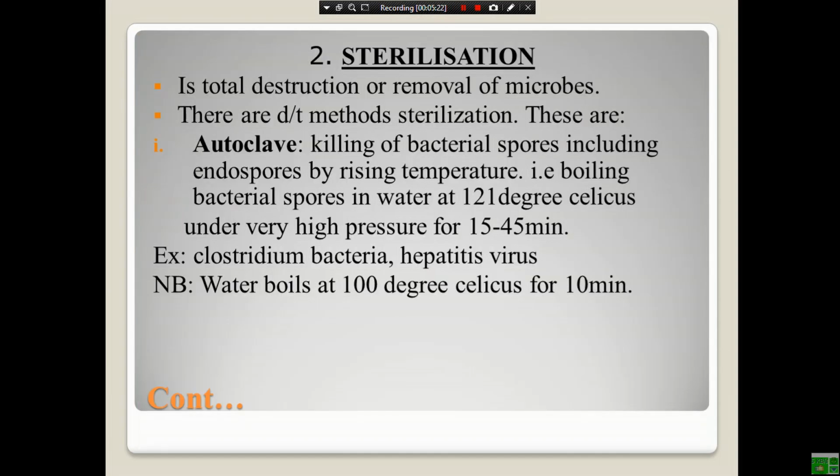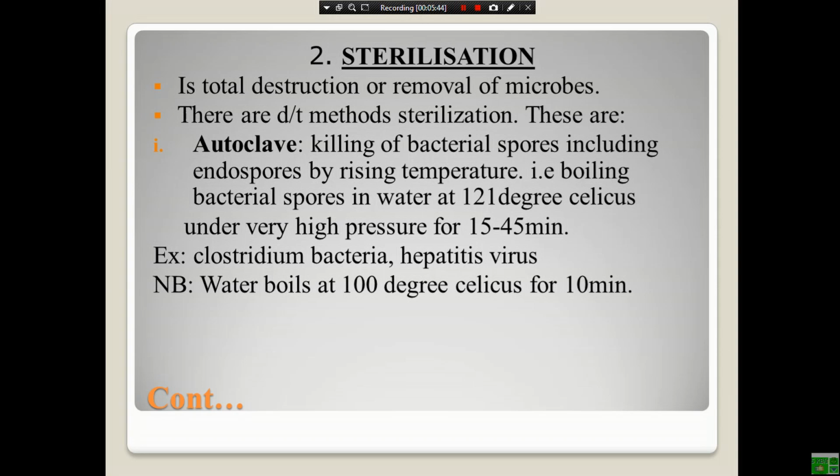The second type of microbial control is sterilization. I hope you are with me. What is sterilization? Sterilization is the total destruction or total removal of microbes. There are different methods of sterilization. The first one is the autoclave.